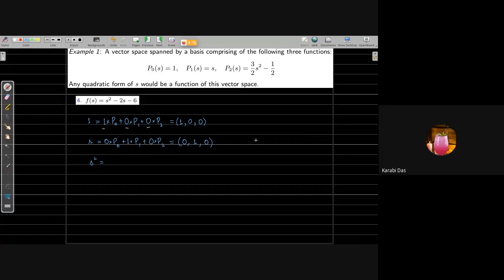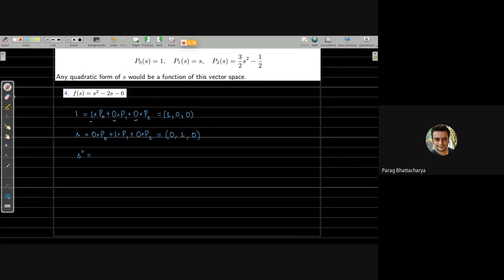Sir, 1 by 3 is 0 and 2 by 3. Very good. Excellent. Okay. So we start from here. The way to do that would be we start from here. So we have P2 is equal to 3 by 2 S square minus 1 by 2. Because we want S square, right?